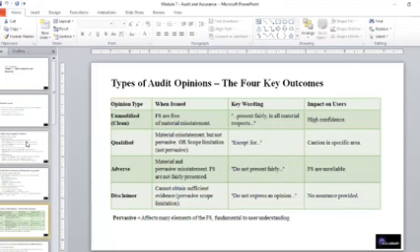The keyword under this is "present". The statements present fairly in all material respects, and the impact on users is high confidence.